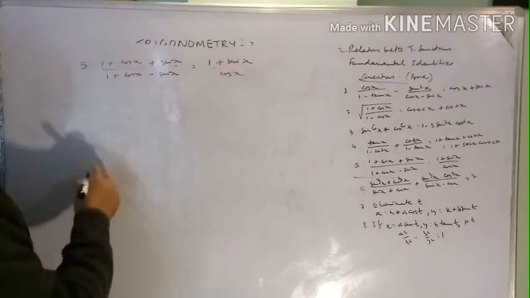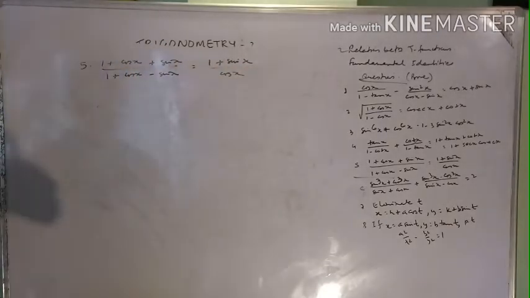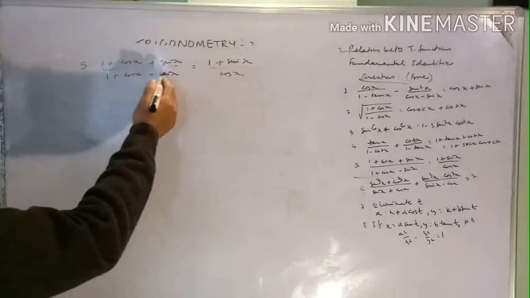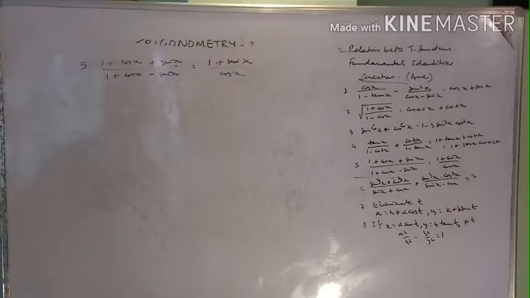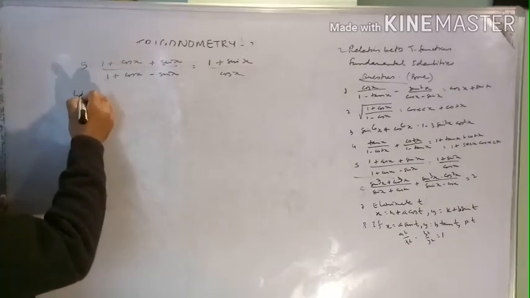So we have 1 plus cos x plus sin x upon 1 plus cos x minus sin x equal to 1 plus sin x upon cos x. So this is the LHS.